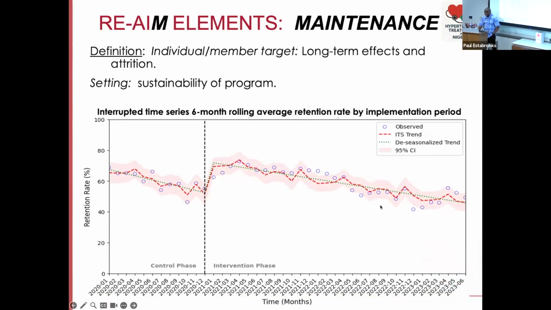Throughout the entire study, more than 50% were still in care. This is a 6-month rolling average retention rate by implementation period, which is pretty reasonable and pretty high, because we did a systematic review looking at retention rates, and JD was also part of that study. This is pretty much a high retention rate for a study.